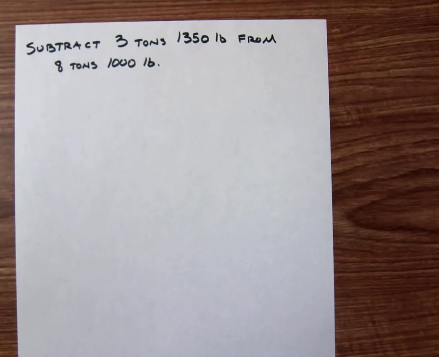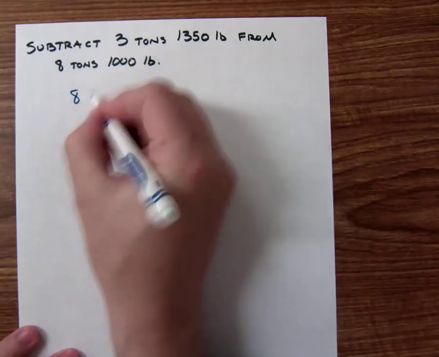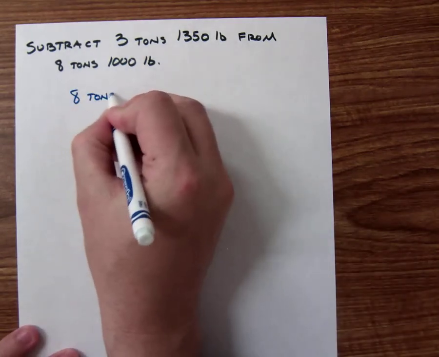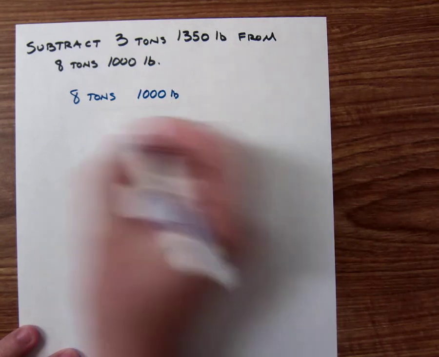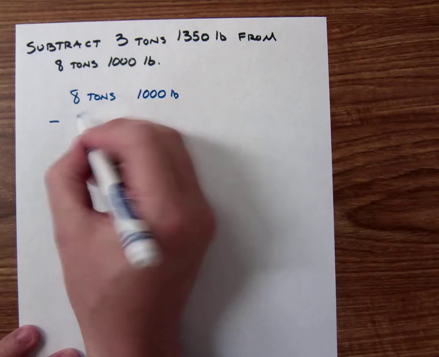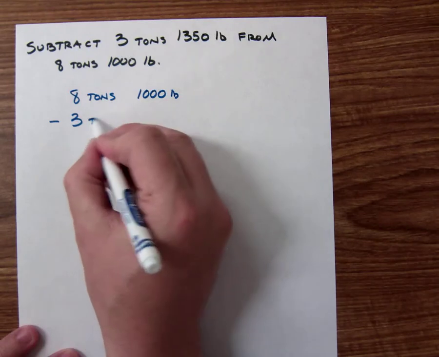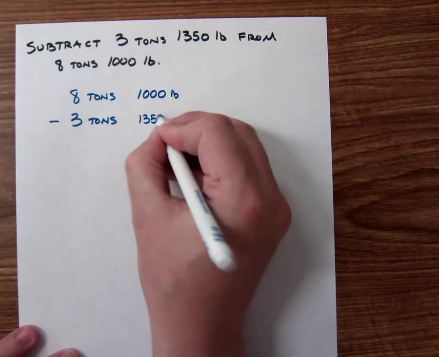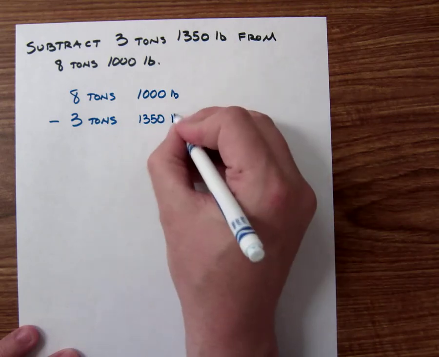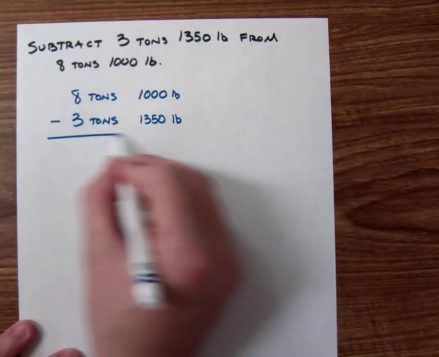So we're going to set this up like any other kind of subtraction problem. We're going to line this stuff up. 8 tons, 1,000 pounds. The bigger one needs to go on top, not least of which is because of the way the problem is worded. Subtract 3 from 8 means 8 minus 3.